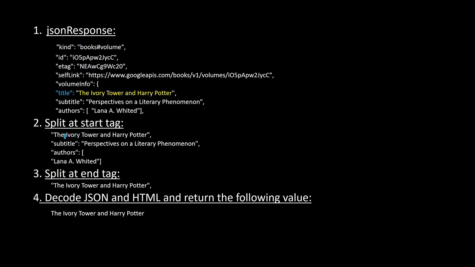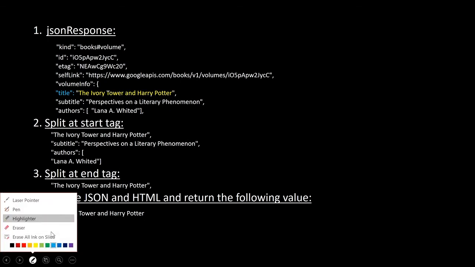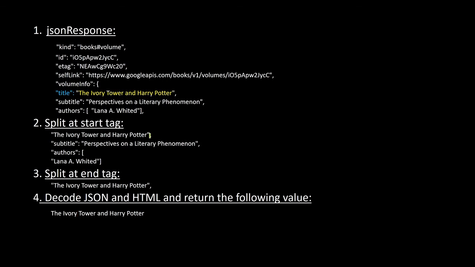Now, we still just want this, right? So then what we're going to do is we're going to split it at the end tag. And the end tag in this case is just the comma, which is right here, right? So we're going to split it right here, and we're going to split everything off after that. So then we're just left with this, the title.